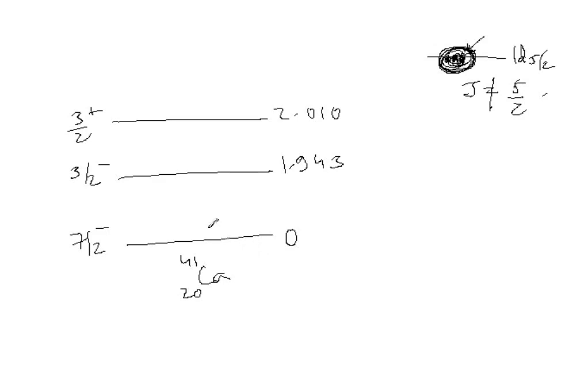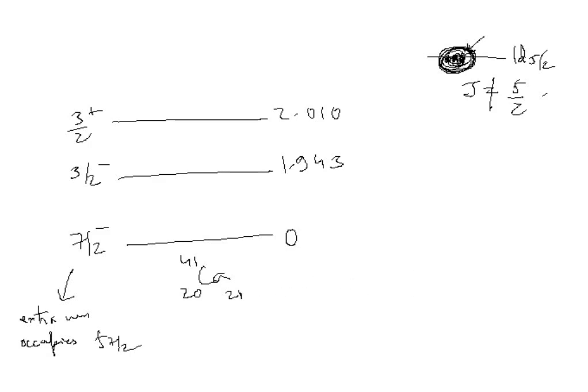Now you see, for the case of 41 calcium, the ground state is 7/2 minus, since the extra neutron occupies orbital 1f7/2. 41 calcium means here it is 21.